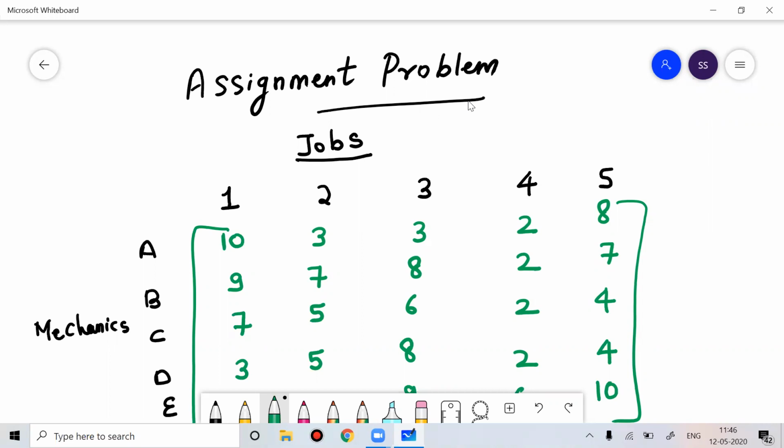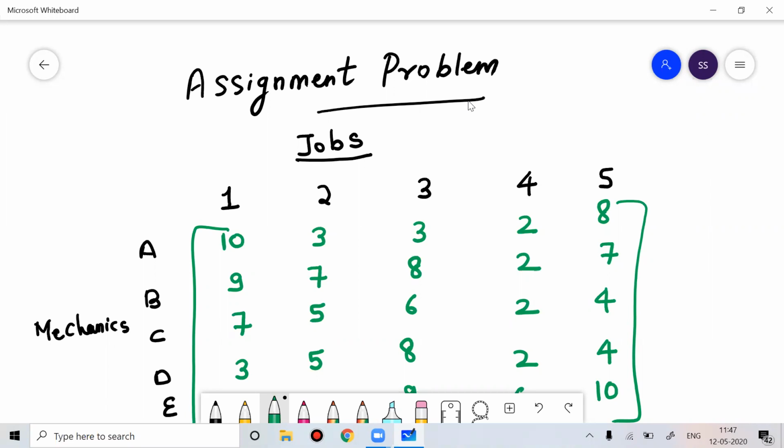Now, the same way we used to do the transportation problem, you can do the assignment problem. Here also, I can assign any job randomly to any person and then calculate the total cost associated with assigning the jobs.